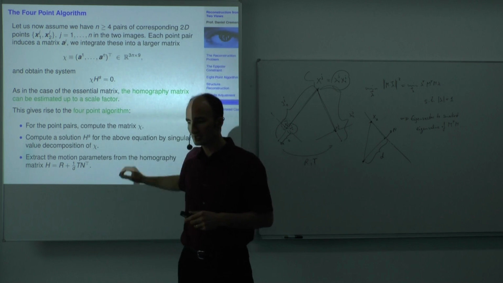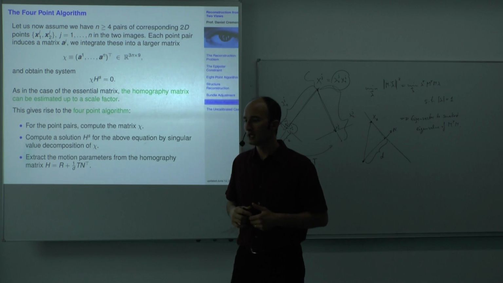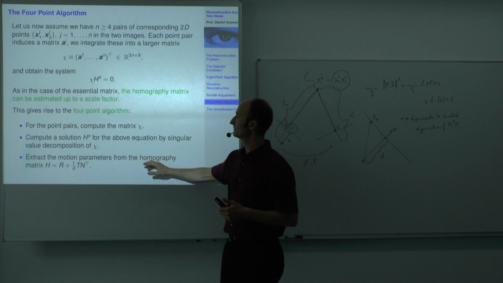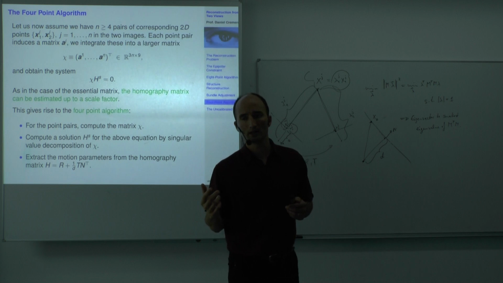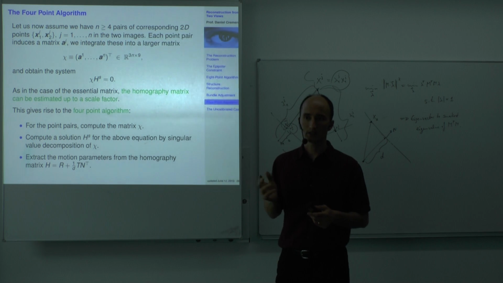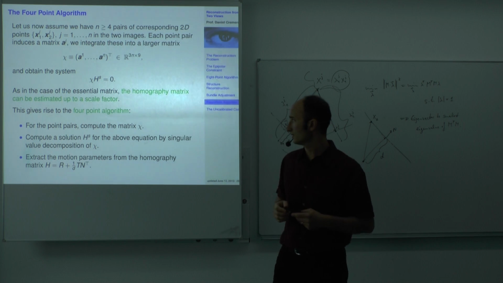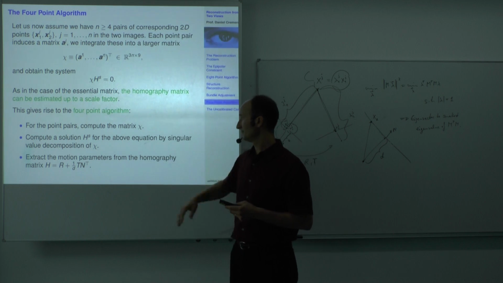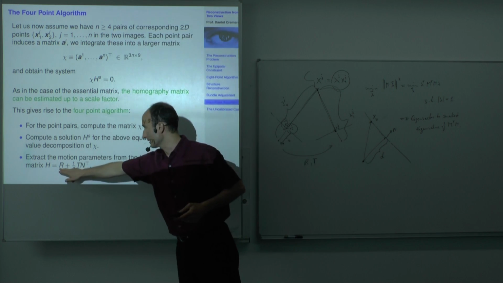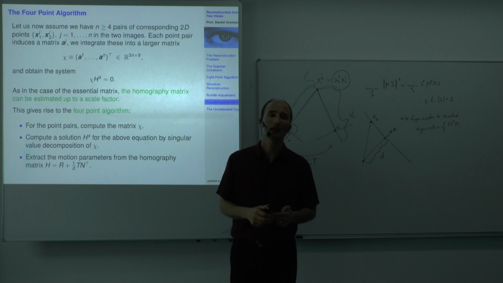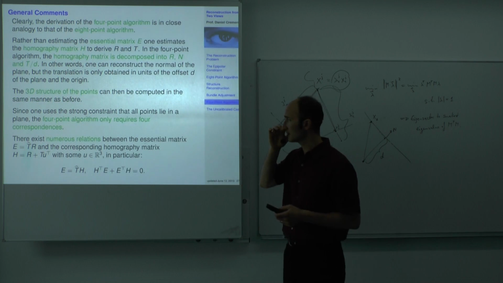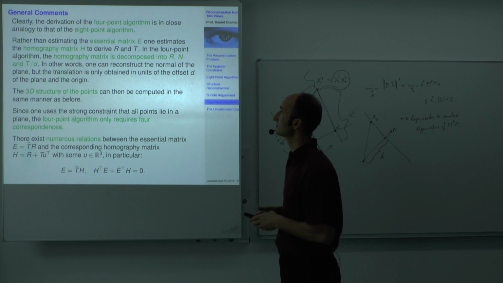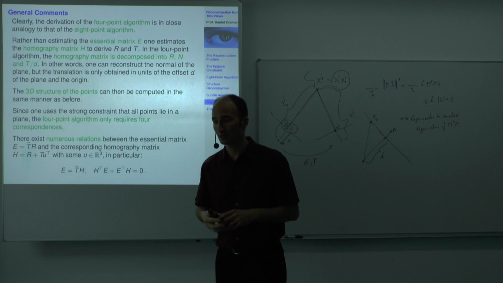Then you compute a singular value decomposition, and then you have to extract the matrix H that you get as the vector associated with the smallest singular value of chi. You have to extract rotation, translation, and the plane parameters. And this, unfortunately, is a little bit difficult. It's not trivial to get these parameters out.